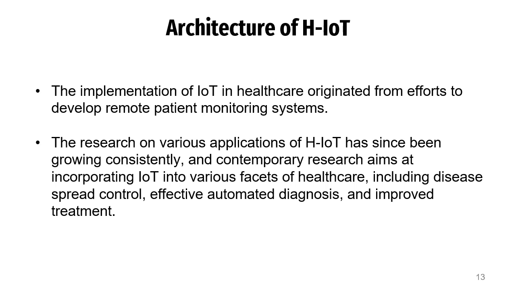Architecture of a HIoT system. The implementation of IoT in healthcare originated from efforts to develop a remote patient monitoring system. The research on various applications of HIoT has since been growing consistently, and contemporary research aims at incorporating IoT into various facets of healthcare, including disease spread control, effective automated diagnosis, and improved treatment.